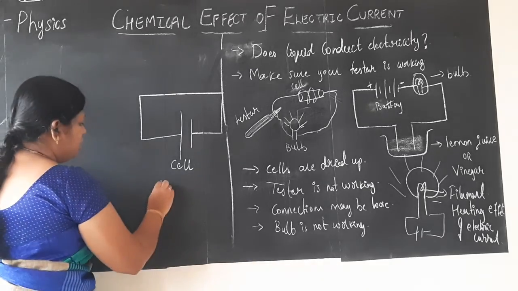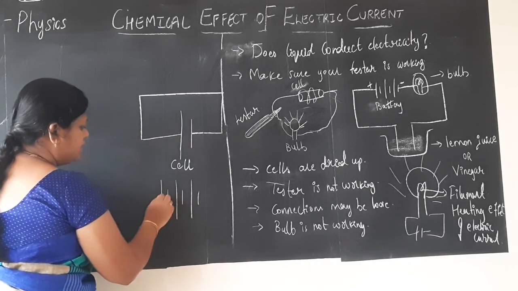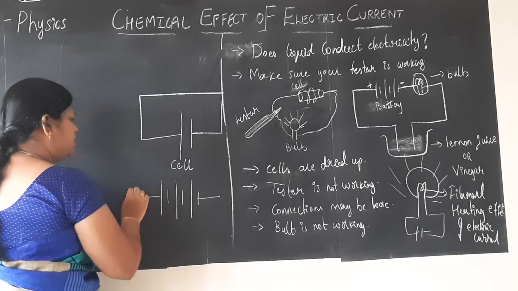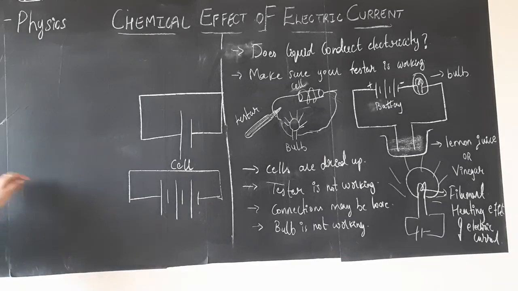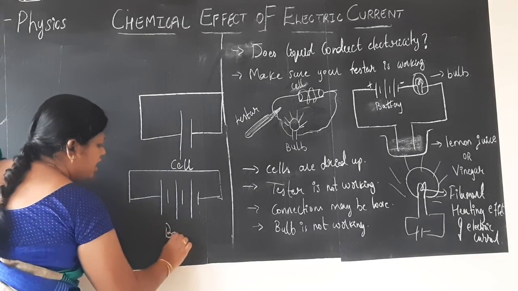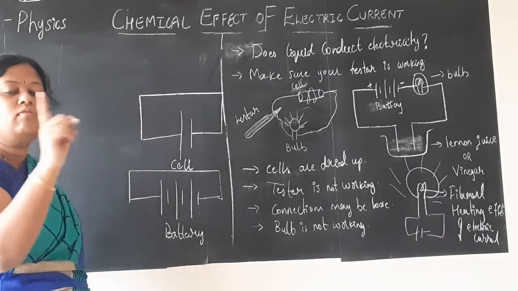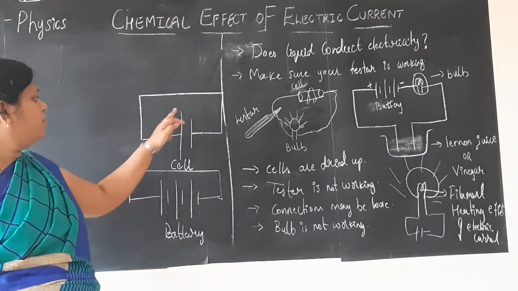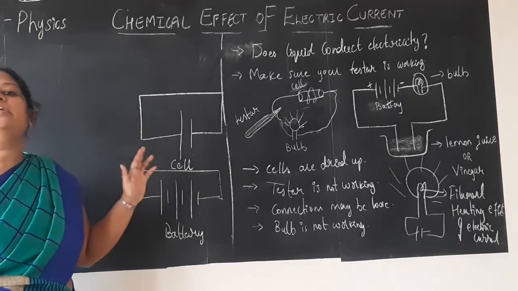If you connect many cells together, more than one cell, it is called a battery. Clear? What is a cell? What is a battery? One positive and one negative terminal only, then it is a cell.